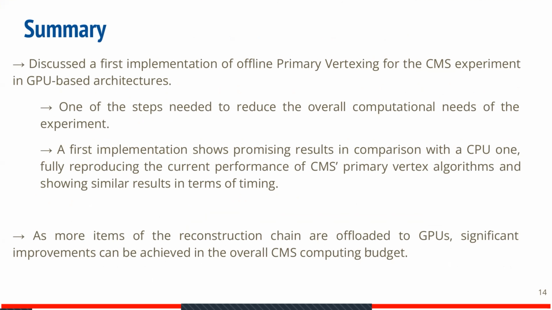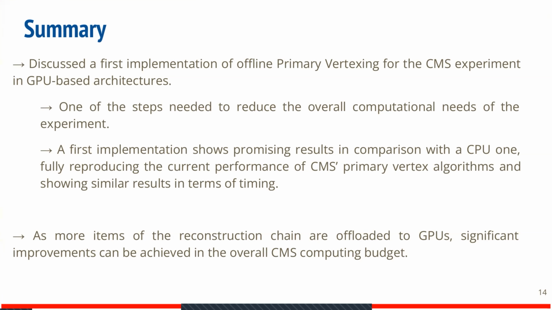We tried to discuss a little bit the kind of algorithms that we are currently running for offline primary vertexing in CMS and how we are trying to put this into a GPU. This is one of the first steps we need to try and reduce the overall computational needs of the experiment.